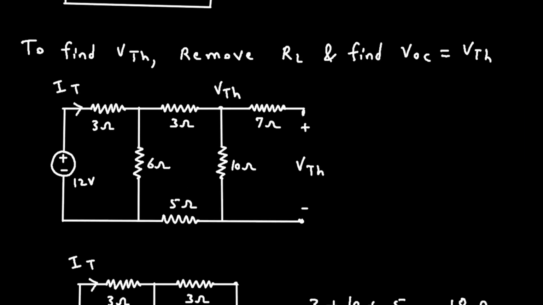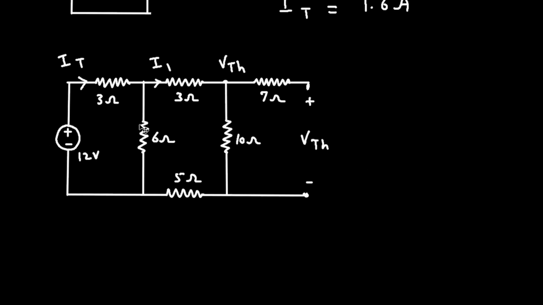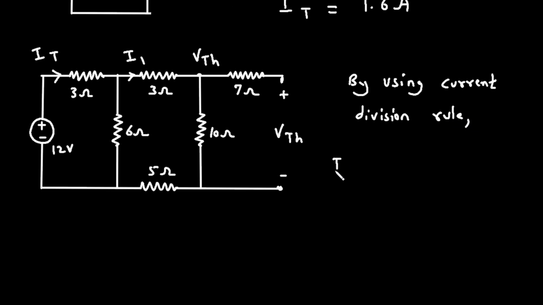But here we have to find the value of VTH. Now let's say this current is current I1. Again, let's copy this circuit from here. Now we have the value of IT, but we have to find the value of this VTH. So to find VTH, we need the value of I1. By using current division rule, we can find the value of I1.